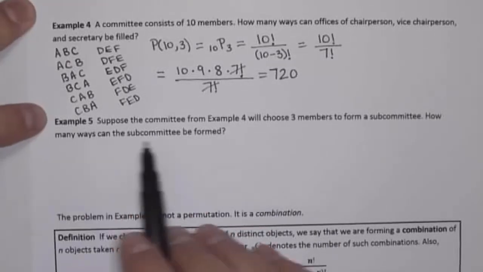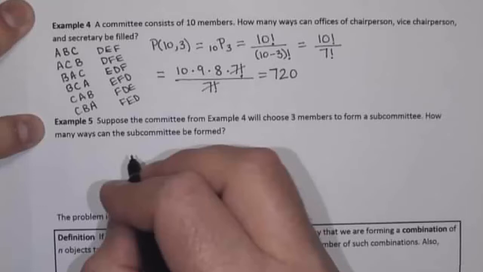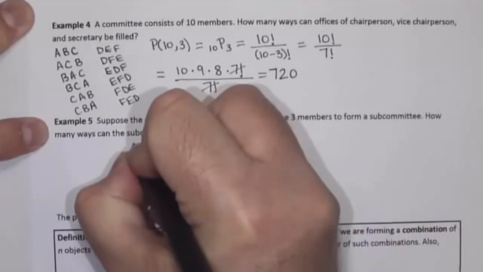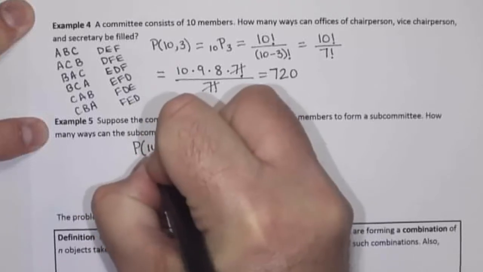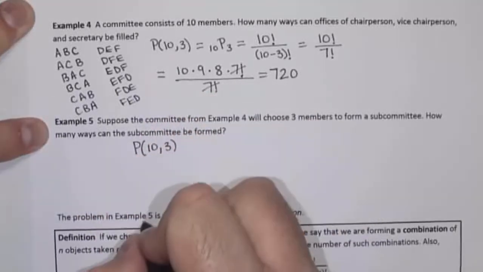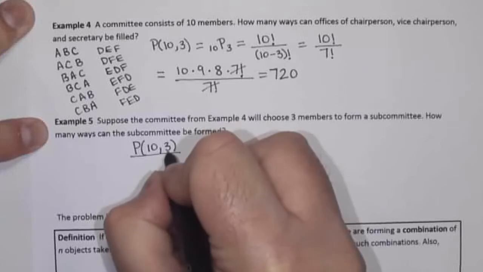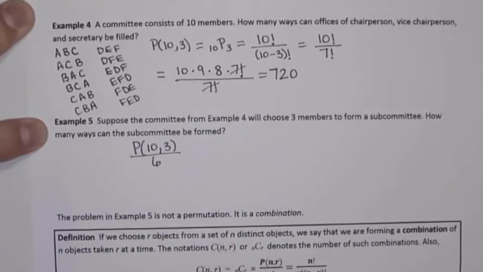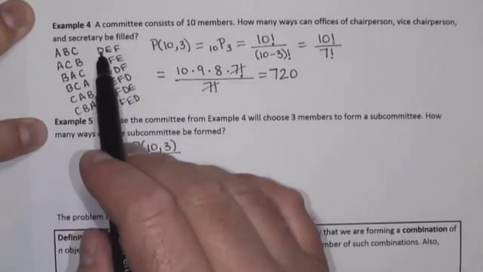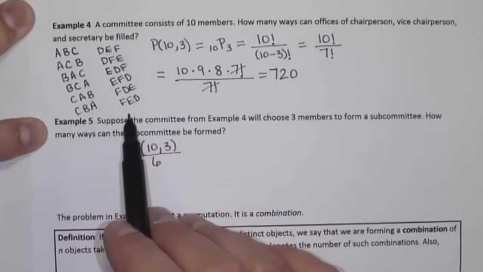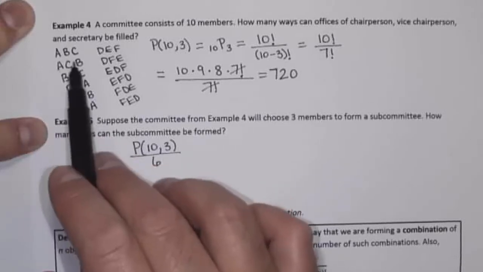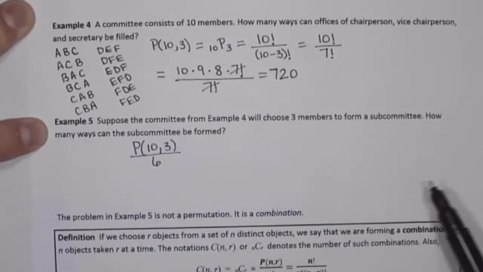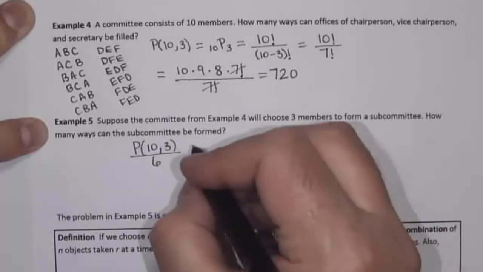So how do I answer example 5? Well, example 5 is not really a permutation problem because I'm taking 10 objects and I'm selecting 3, but because each 3 has 6 duplicates, I have to divide that result by 6. Why 6? Because regardless of which 3 individuals I end up with, there's going to be 6 duplicates that in example 5 is really the same result.